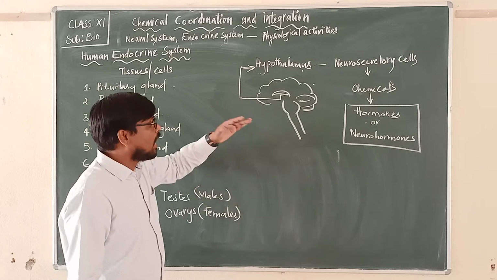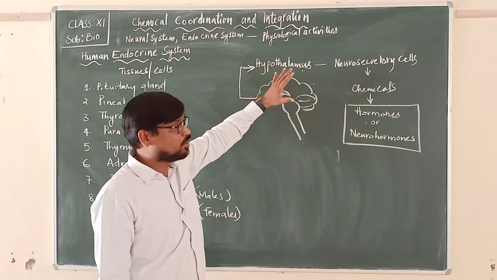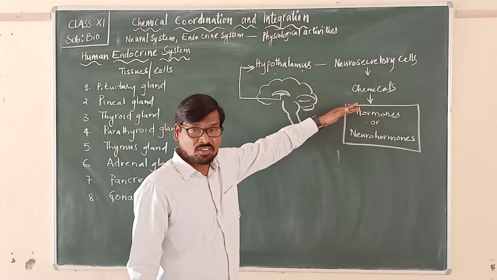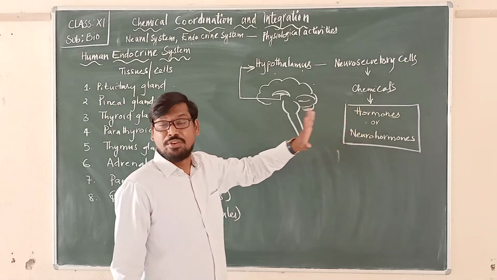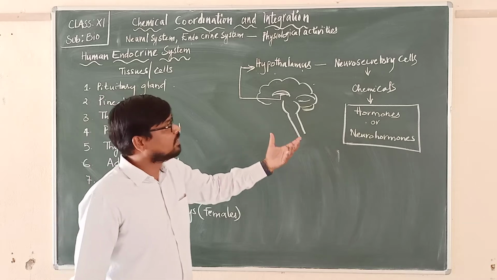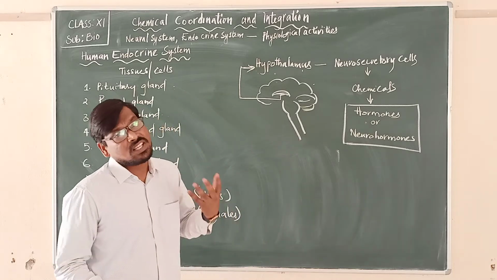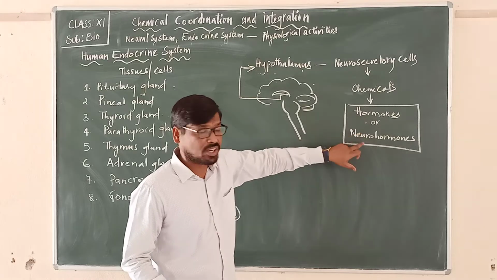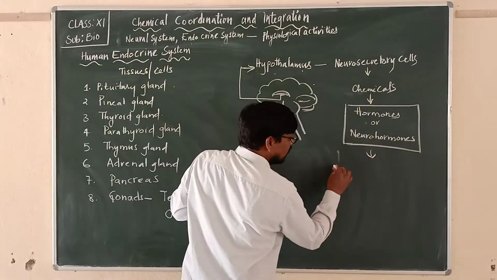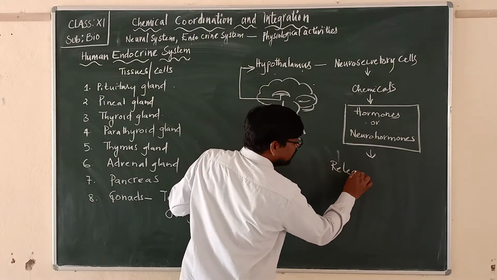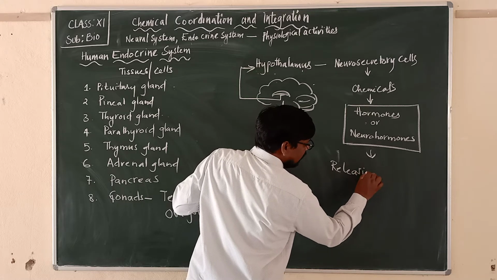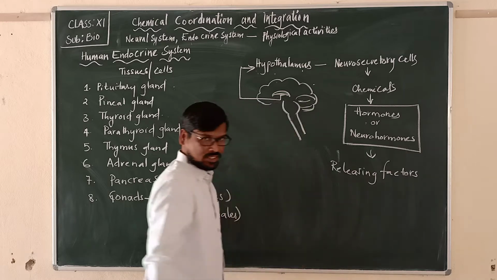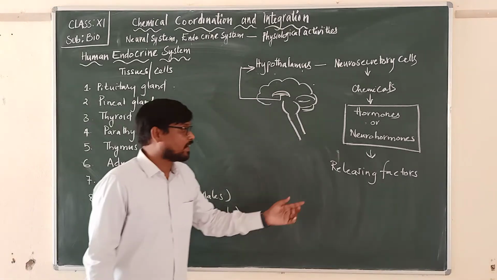These are the hormones produced from the hypothalamus, either called hormones or neurohormones. Now we will discuss how these hormones are produced. These hormones are also called the releasing factors.